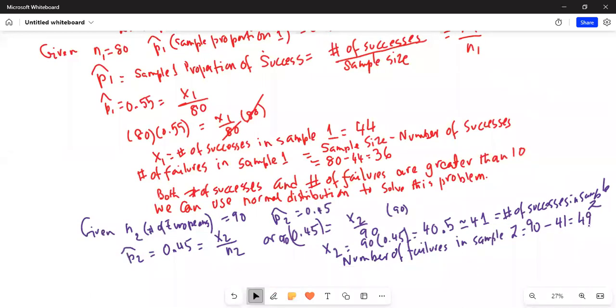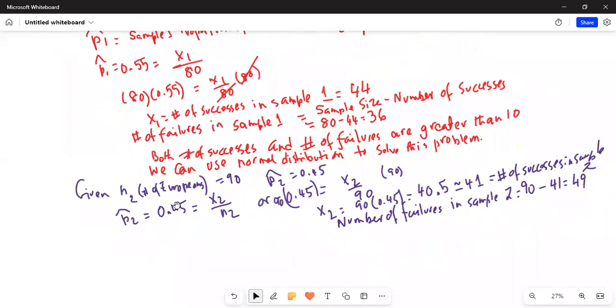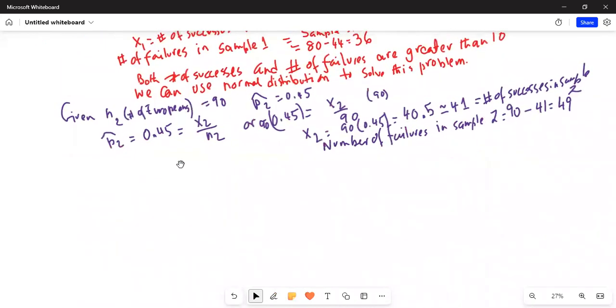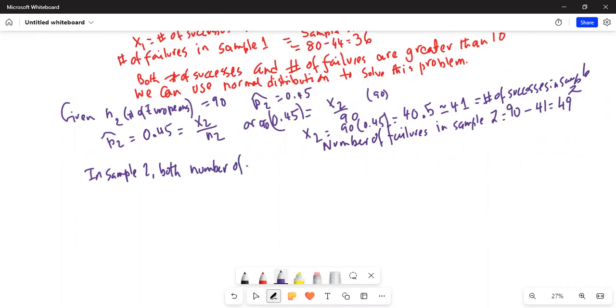And so, if I create some space, in sample 2, both number of successes and number of failures are greater than 10.